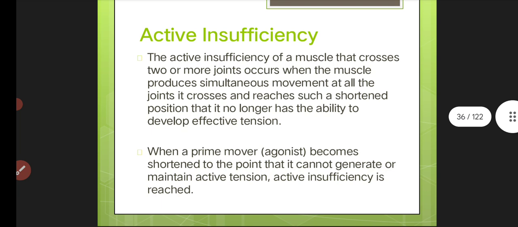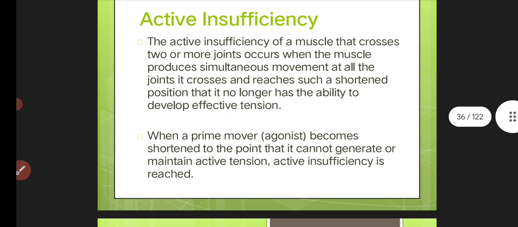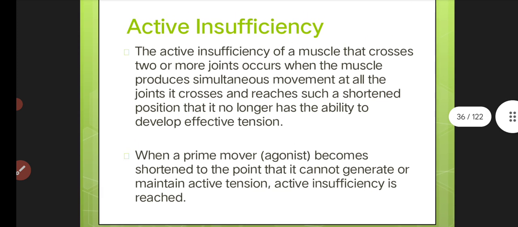The active insufficiency of a muscle that crosses two or more joints occurs when the muscle produces simultaneous movement at all the joints it crosses and reaches such a shortened position that it no longer has the ability to develop effective tension.